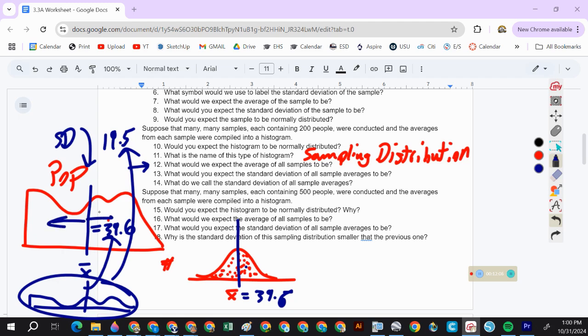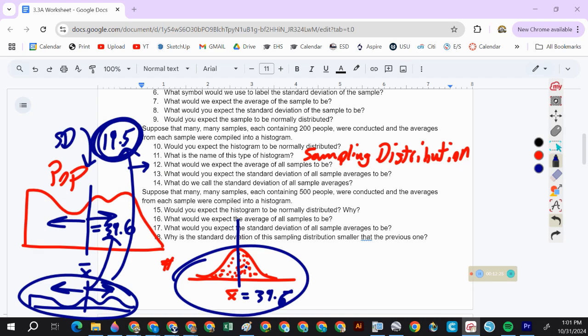The spread here is roughly the same as the spread here. But what is the standard deviation of this? It's going to depend. It's going to depend on two things. It's going to depend on this, and it's going to depend on how many people are in each sample.